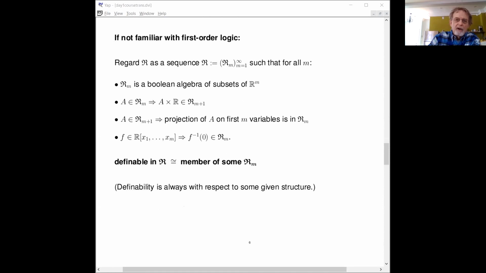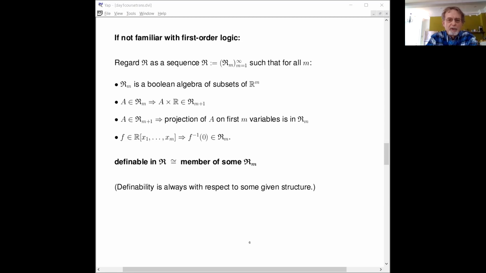So what we get from that is a sequence of Boolean algebras. These are subalgebras of each R^m, closed under an obvious upward boosting operation, closed under projection on the first m coordinates, and the zero sets of all real polynomials are there.